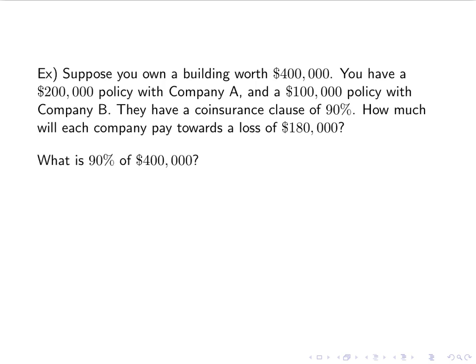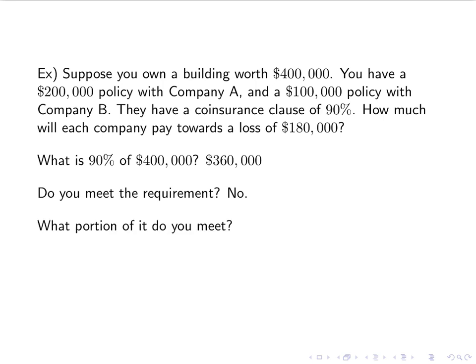So we need what's 90% of 400,000, 360,000. Do you meet the requirement? So we have 200,000 and 100,000. Is that at least 360? No. What portion of it do you meet?